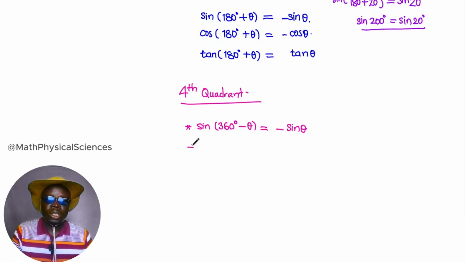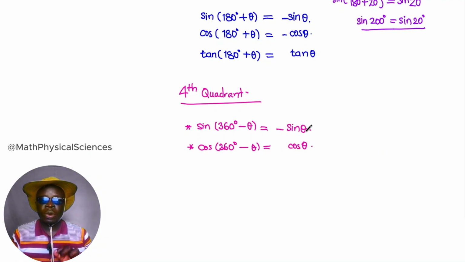So let's move on to cos. So cos of the same angle, 360 degrees minus theta, they must give us cos of that angle theta. And since we're in the fourth quadrant, again, the only trig ratio that is positive is the cos. And here, this result remains as cos.